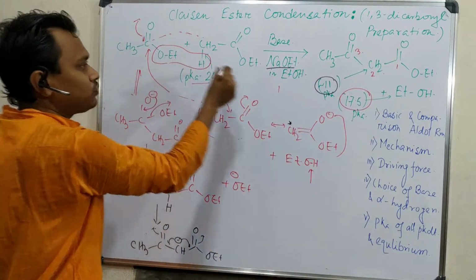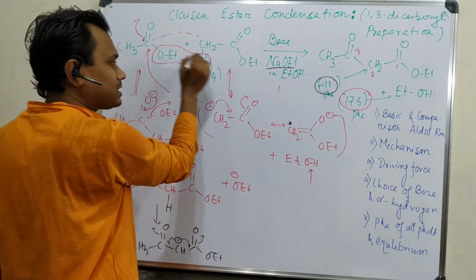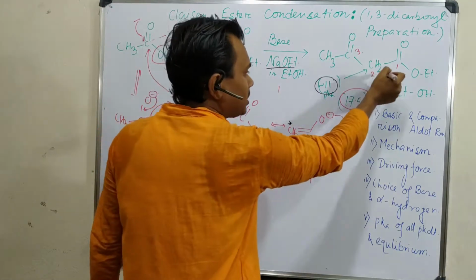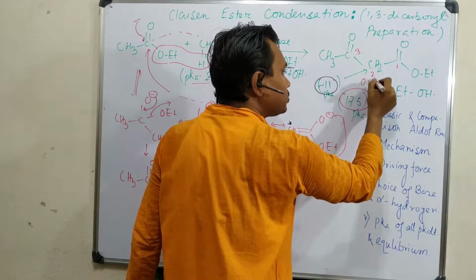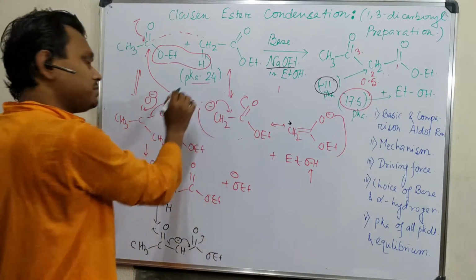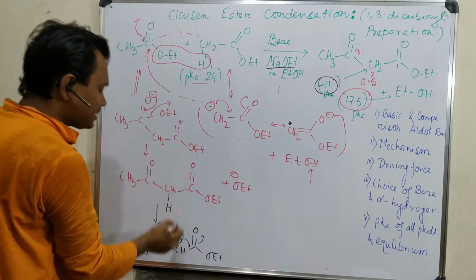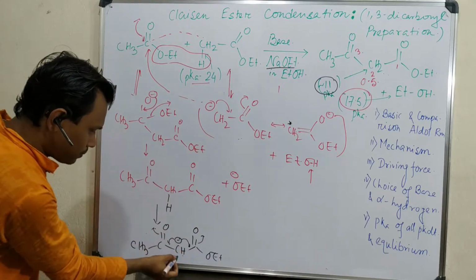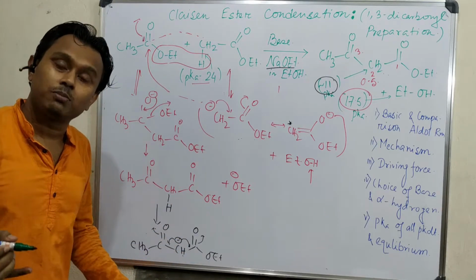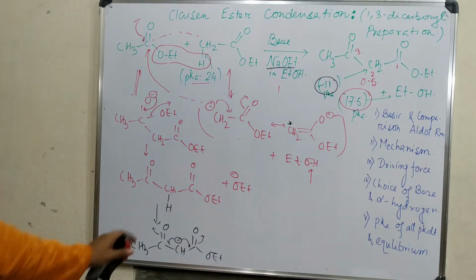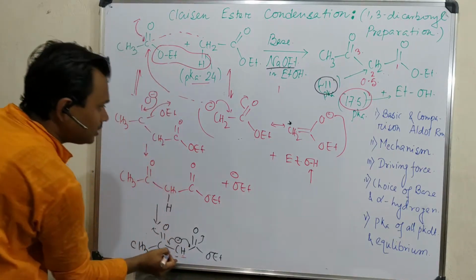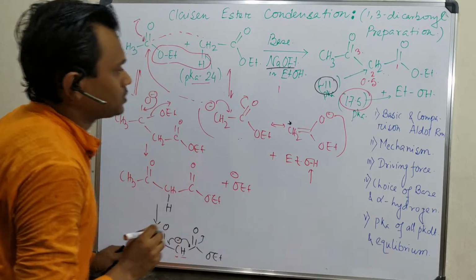Means, if 2 equivalents of ester are taken and 1 equivalent of base is taken, these will not produce 1 equivalent. It will produce 0.5 equivalent. Because the first step is difficult, I agree, but the second step is much faster. So whatever product is produced will consume the base instantly, and that is the driving force. So 0.5 equivalent of product will be produced.